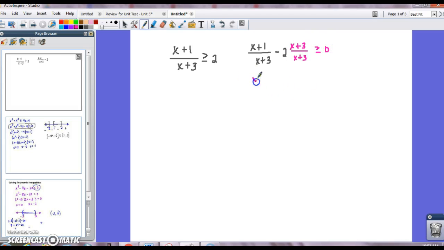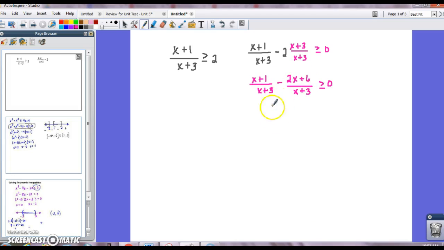So I end up with x plus 1 over x plus 3 minus 2, I'm going to distribute, so I get minus 2x minus 6 over x plus 3 is greater than or equal to 0.